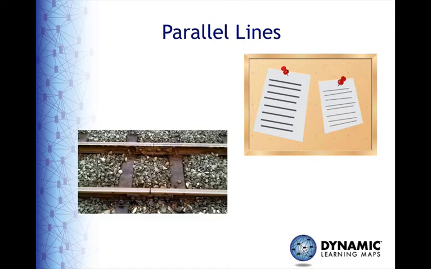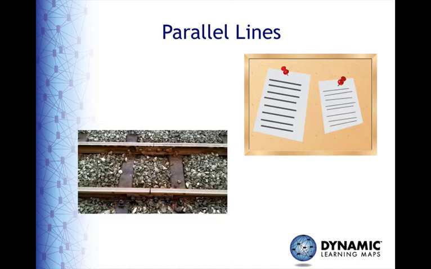Pairs of lines have specific names depending on their relationship. Parallel lines can be introduced informally in the beginning as two lines that run side by side in the same direction and remain the same distance apart. Finding examples of parallel lines in the classroom or the community helps students recognize and describe parallel lines.